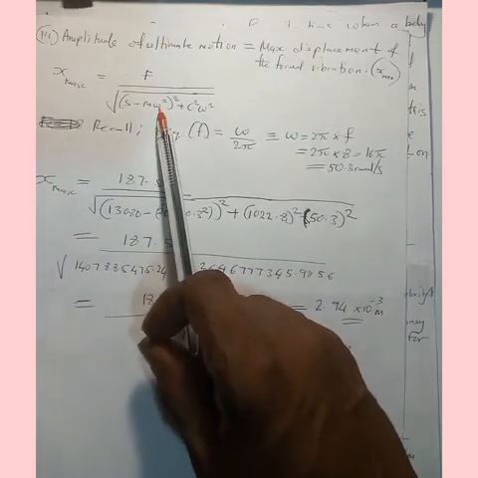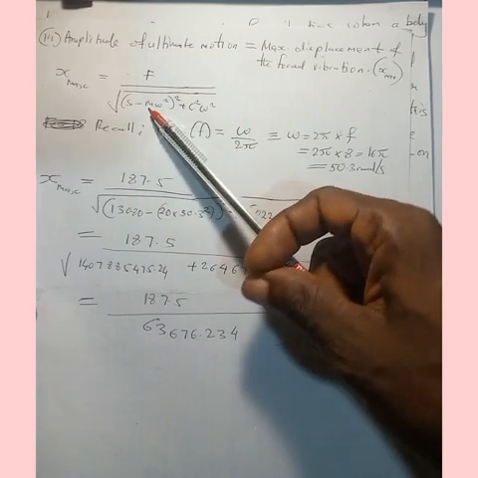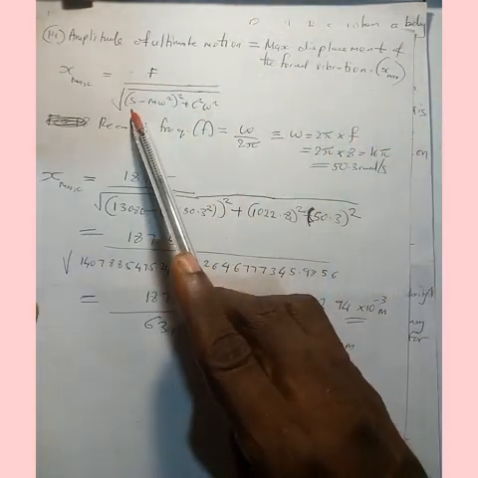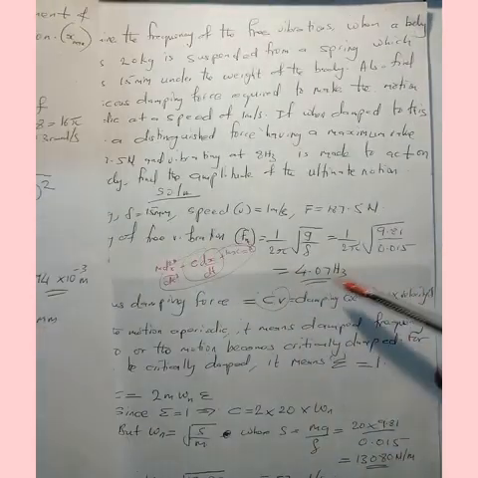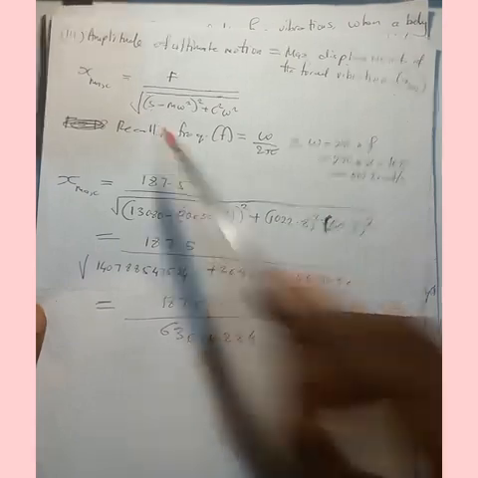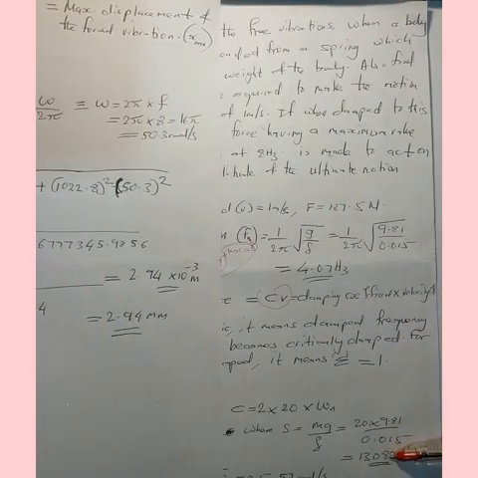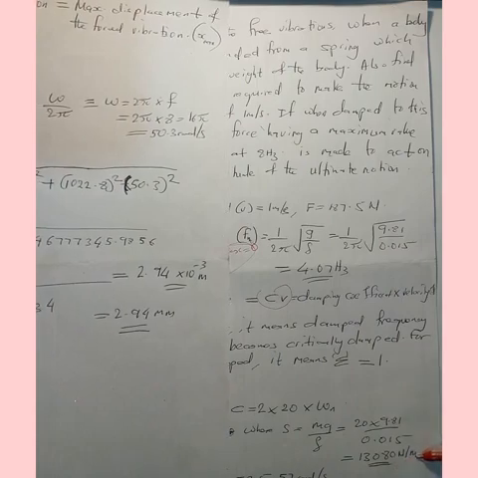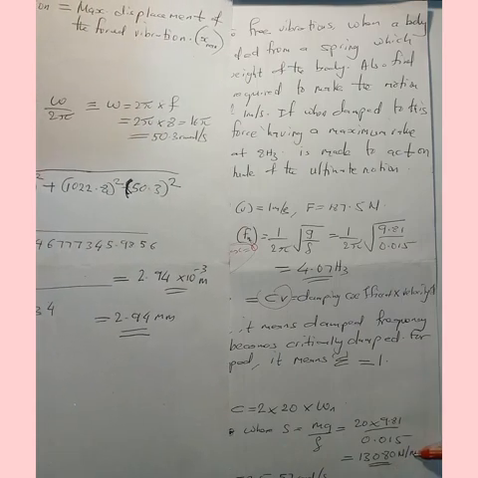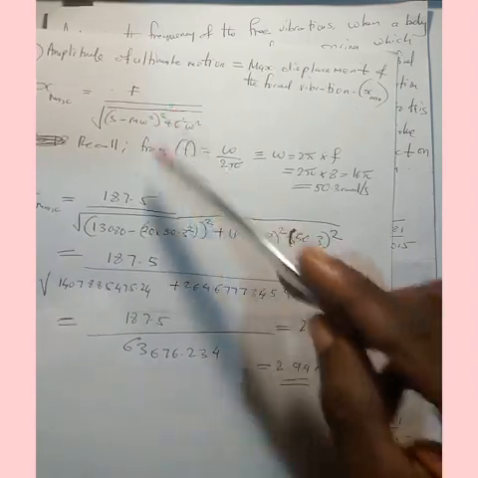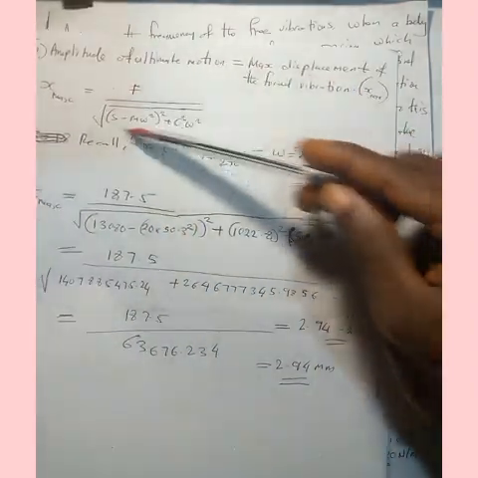We know ω, we know the mass, and we also know the stiffness. We already calculated the stiffness from here. This is the stiffness, 130.80 Newton per meter. The mass is 20. Since we know all these values now, we'll put them into this formula.